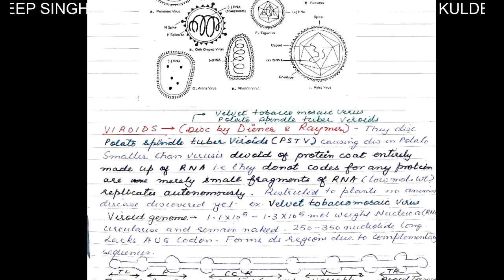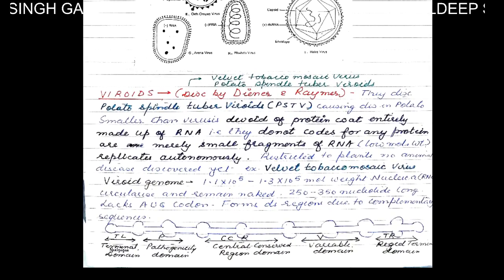But here in viroids, they are devoid of any kind of protein coat, and they are made up of RNA alone and nothing else. They do not code for any protein but are merely small fragments of RNA of low molecular weight and replicate autonomously whenever they infect an organism.